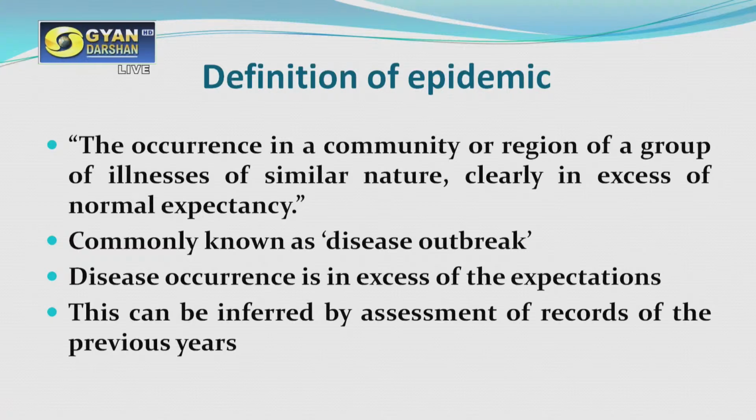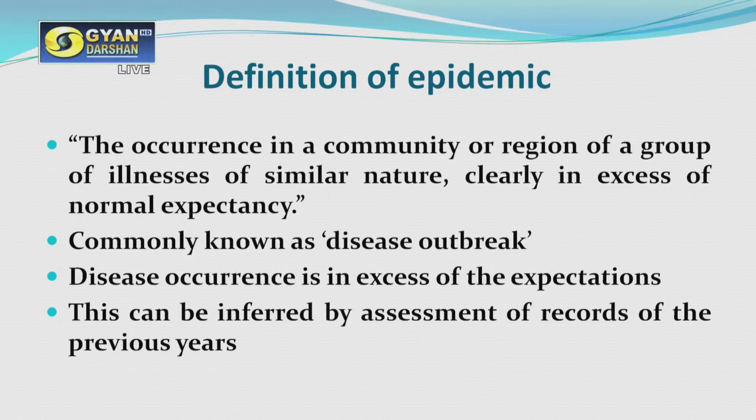Epidemic is the occurrence in a community or region of a group of illnesses of similar nature, clearly in excess of normal expectancy. This means that the community, region or group which is affected has a similar nature of illness.